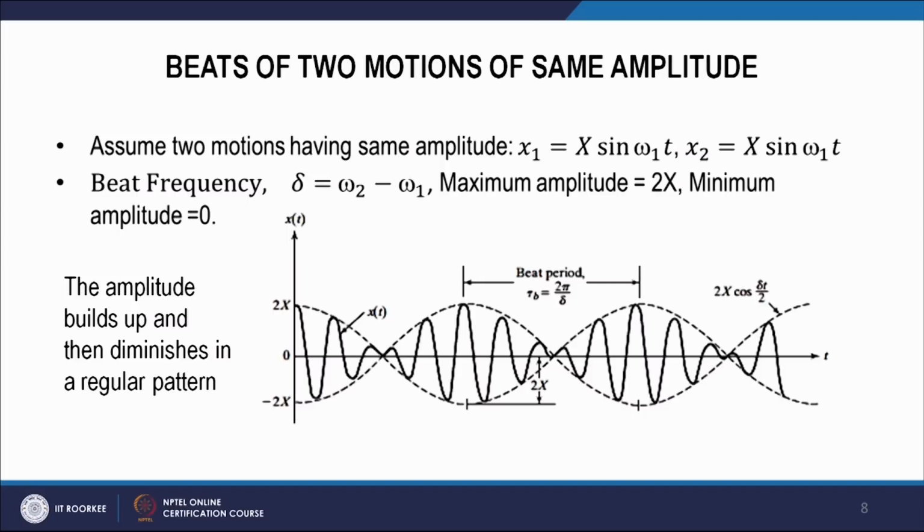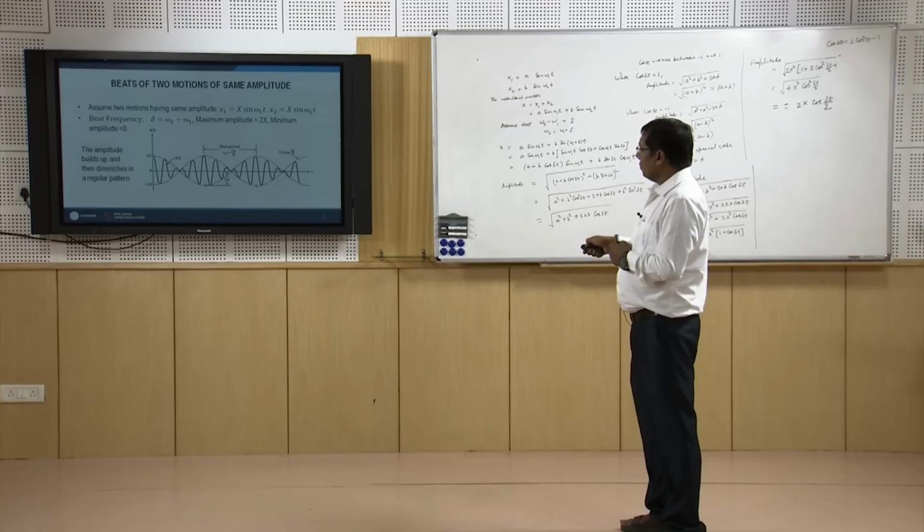And so, here when we have same amplitude, so we see that the maximum is 2x, then minus 2x, and here this minimum is 0. And so the amplitude builds up, so here it is building and then diminishes in a regular pattern.